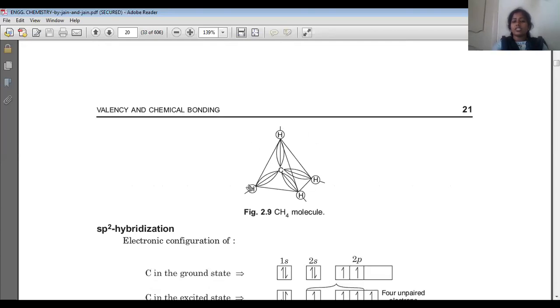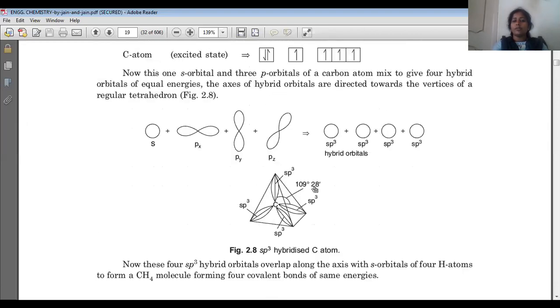This is the structure of methane, where the hybridized orbitals of carbon combine with the s orbitals of hydrogen. 4 sigma bonds are generated at the 4 corners of the regular tetrahedral structure. It is very important to remember that the bond angle between any two adjacent sp3 hybridized orbitals is 109 degrees 28 minutes. The simple example for this is methane.